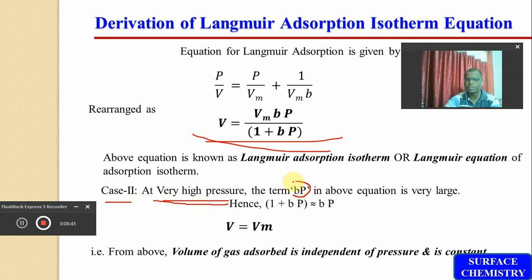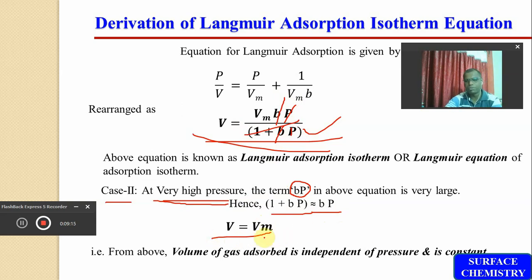It means that this term has considerable value. It is much greater than 1, and therefore 1 plus BP in the denominator of this equation is going to be nearly equal to B into P. So in the denominator there will be only B into P. This B and P will get cancelled, and simply we will get the equation V, the volume of the gas adsorbed, equal to Vm.